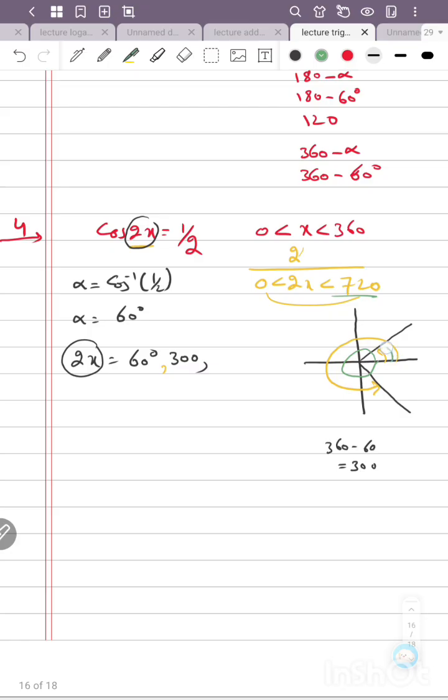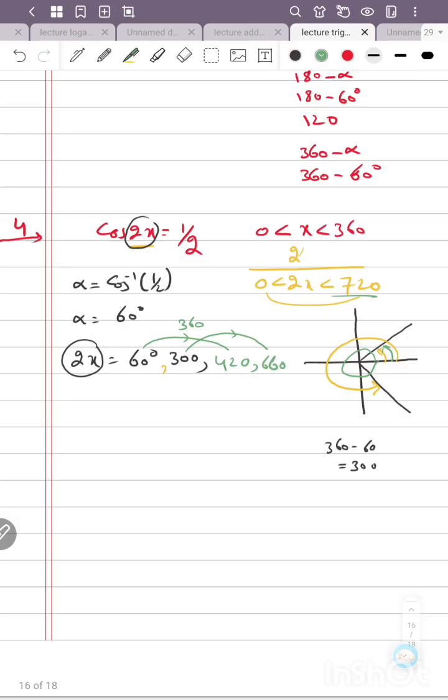When we add 360, 60 is added, so 60 plus 360 gives the answer 420. Dear students, you have to understand this question. Now if we add 360 to 300, we get the answer 660.